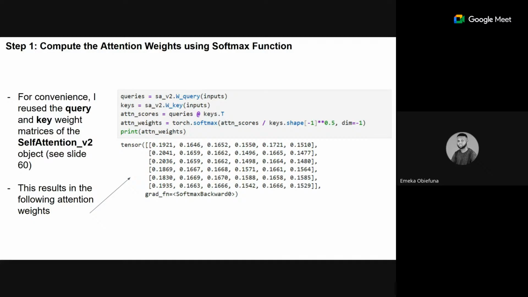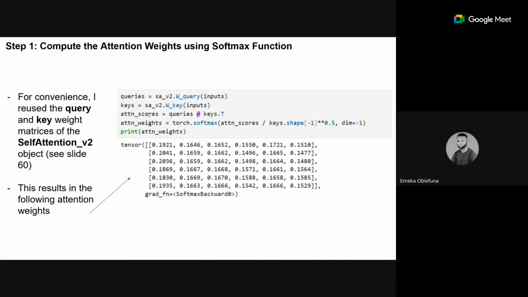Doing this is going to give you the query vector, and doing this is going to give you the key vector. And to get your attention score, remember that you multiply your query by the transpose of your key.